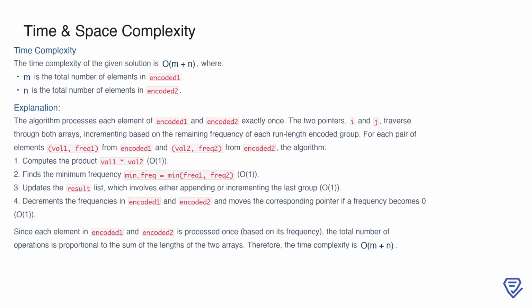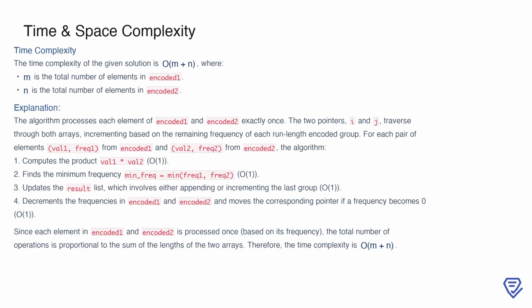Here, we analyze the time complexity of the solution. The algorithm processes both input arrays, encoded1 and encoded2, using 2 pointers, i and j. These pointers traverse through each array, incrementing based on the remaining frequency of the current run length encoded groups. For each pair of elements, the algorithm performs constant time operations, computing the product of the two values, finding the minimum frequency between the two groups, updating the result list, and decrementing the frequencies.